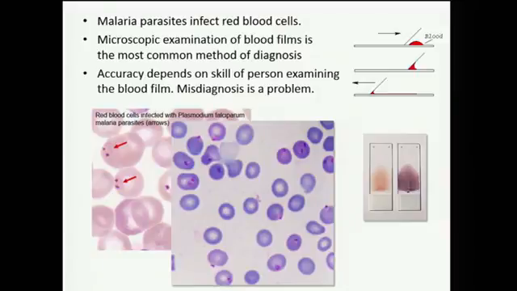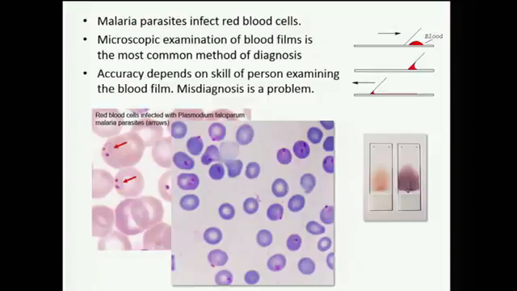So what is typically done here is a blood smear is produced by taking a drop of blood here, then spreading it across a slide, and this slide looks then like this here, and this slide is stained so that the parasites appear in a specific color and are easily distinguishable or noticeable under a microscope.